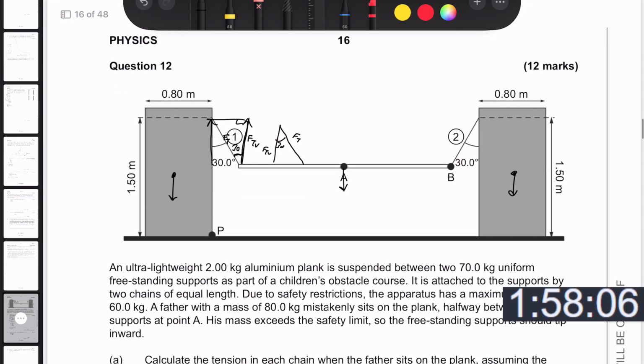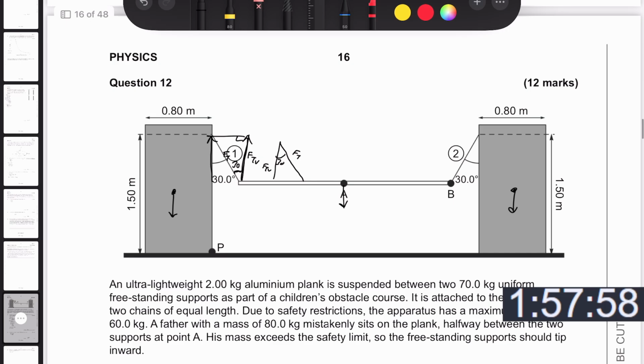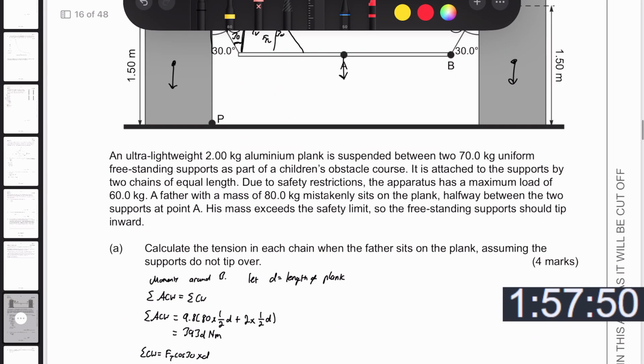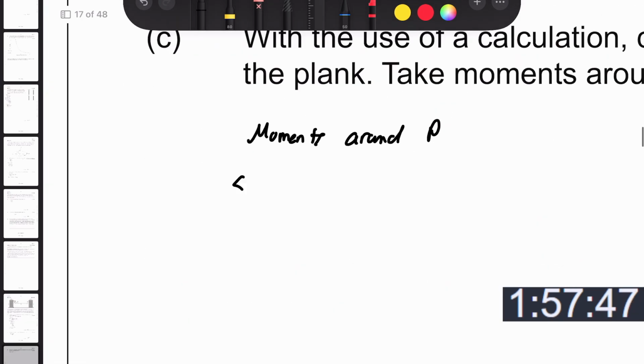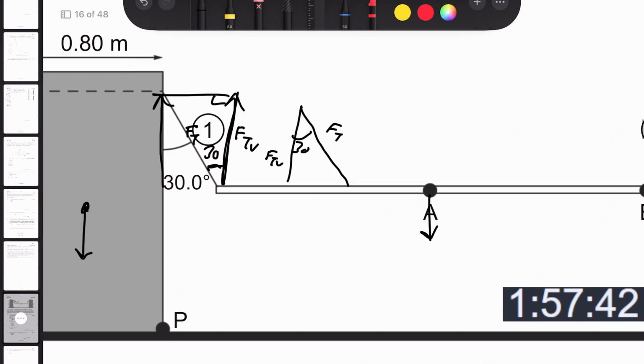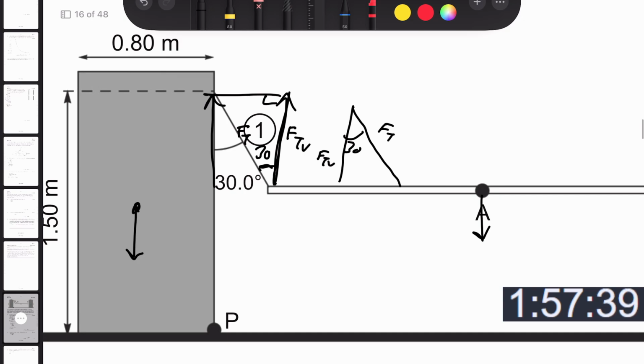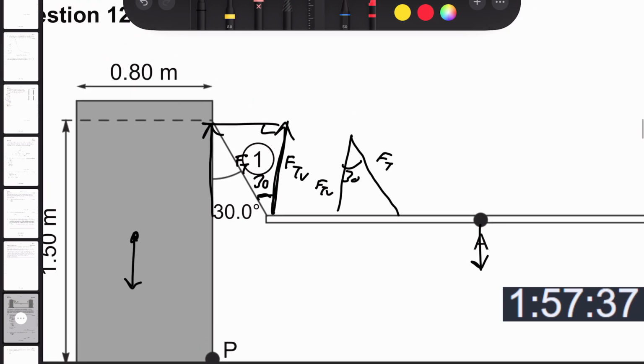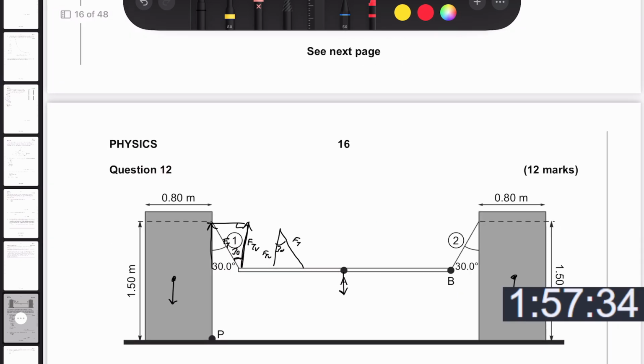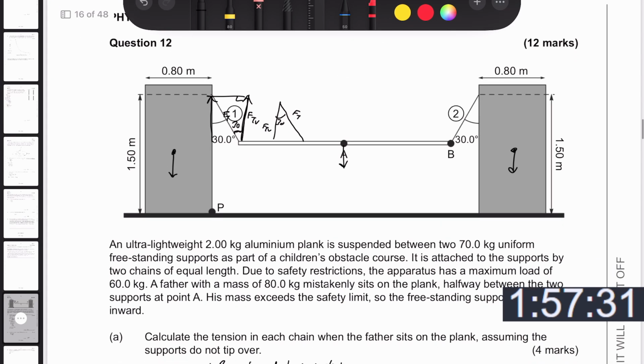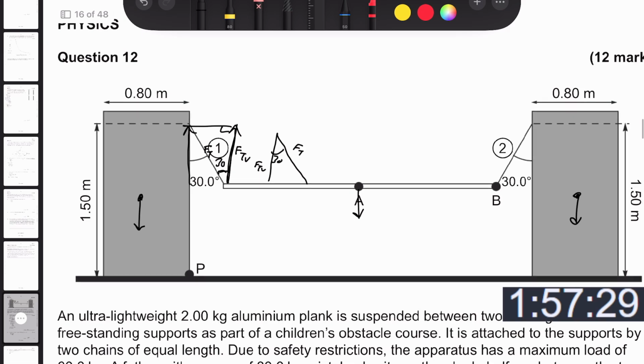I'm not sure. So let's say the sum of the anti-clockwise forces is going to be, so I have the gravity, and that's it.